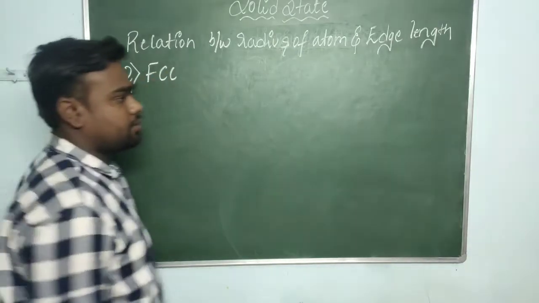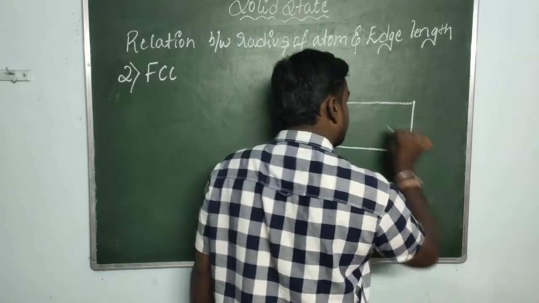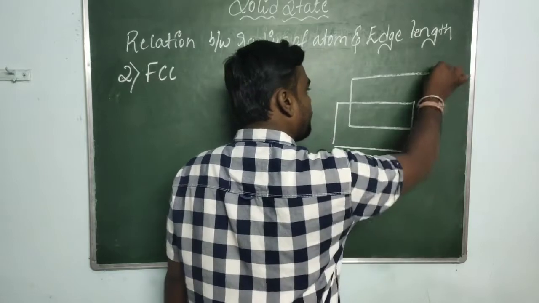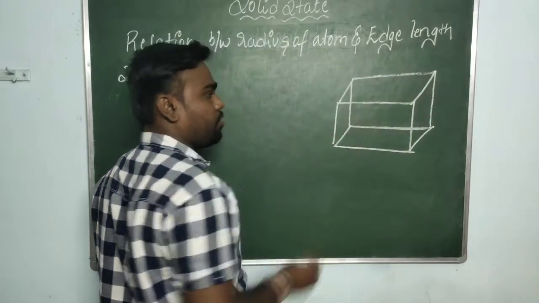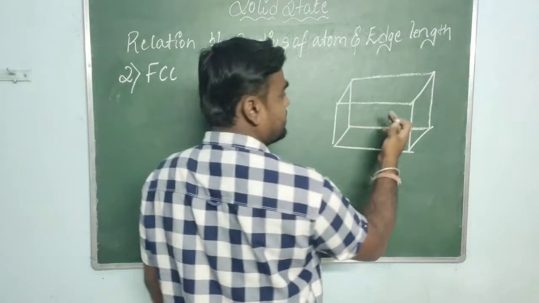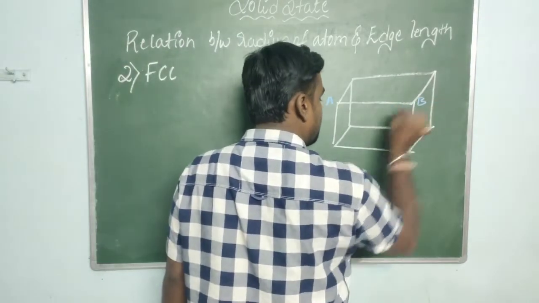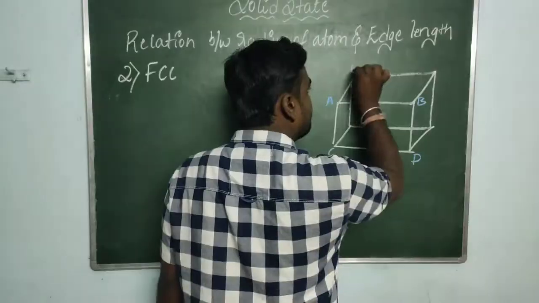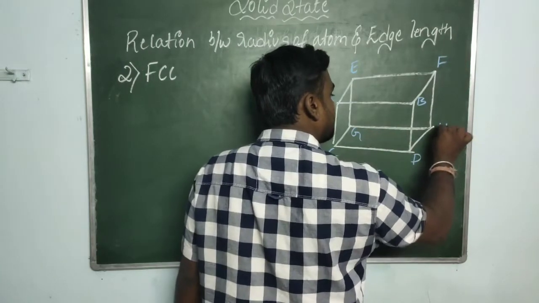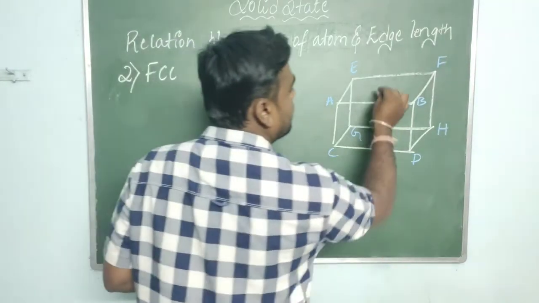That is called FCC. Similarly, we are writing that cube. Face centered cubic means we are taking any face of the cube ABCDEFGH.